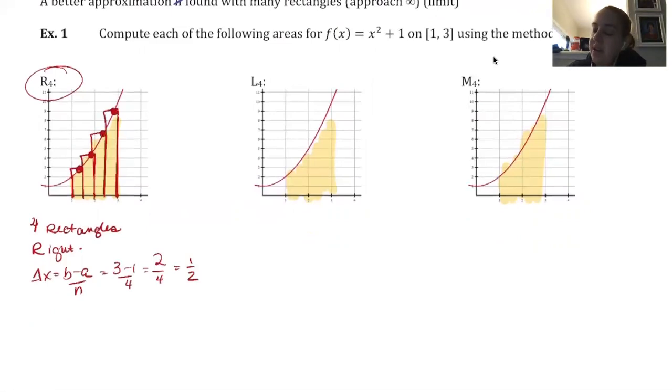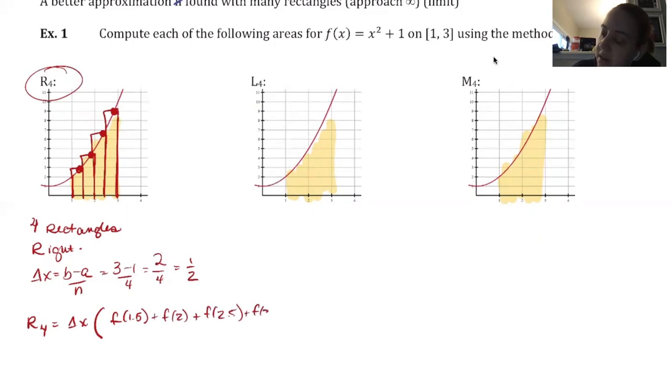So for right-hand rectangles, it is going to be your delta x times f of 1.5 plus f of 2 plus f of 2.5 plus f of 3.